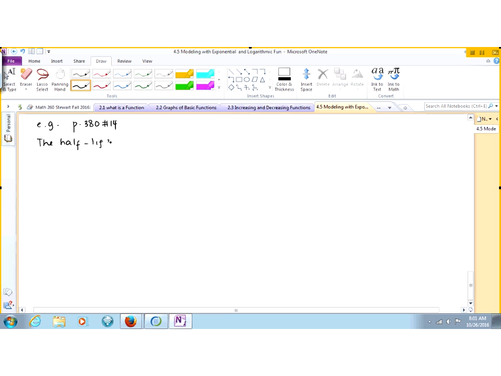The half-life of radium-226 is 1600 years. So suppose we have a 22 milligram sample. This is a very small amount.